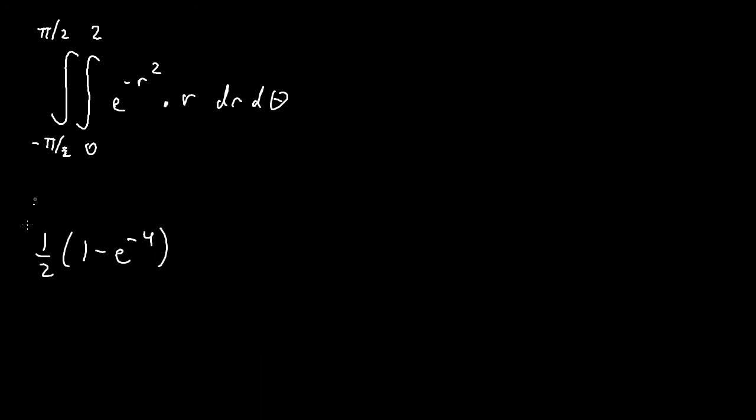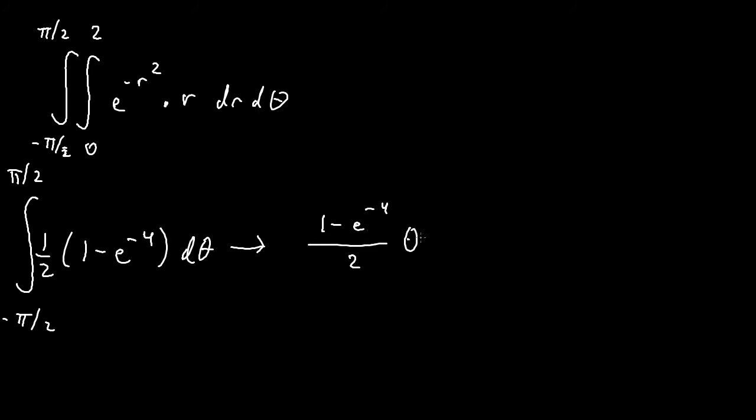And so now let's evaluate the outer integral from negative pi over 2 to positive pi over 2 of 1/2 times 1 minus e to the negative 4 d theta. Now this entire thing is a constant, so when we integrate this with respect to theta, the integral is just going to be 1 minus e to the negative 4, which I'm going to rewrite as that over 2, times theta.